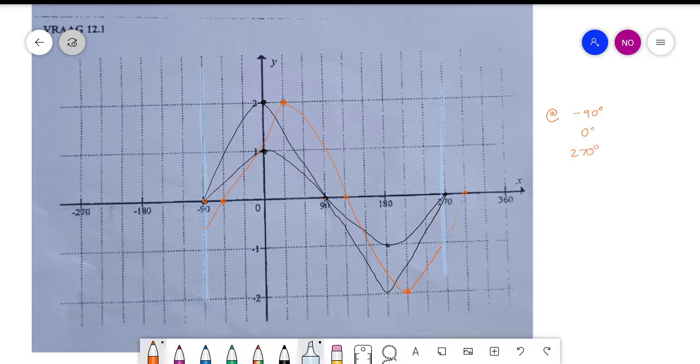In other words, I need to calculate all of those coordinates still. Is everyone still with me? All the other intercepts with the x-axis, it is quite clear where it is intercepting. So I don't need to bother with those anymore. I can just make sure that I have those points.